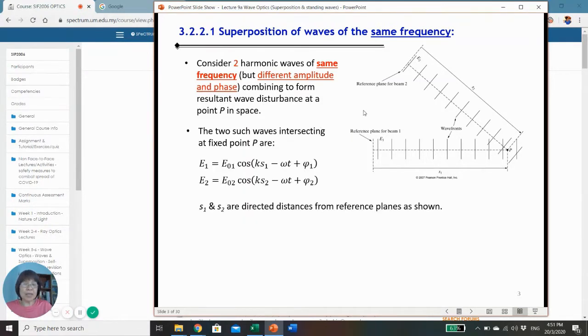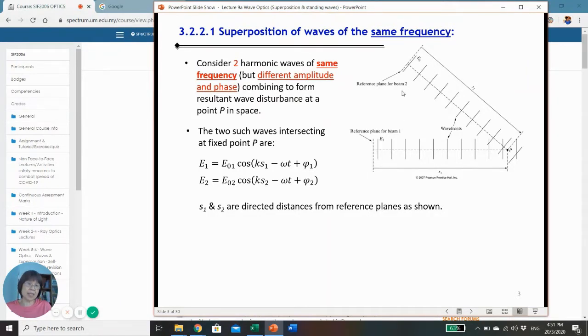We then represent these two waves by the cosine function, where E01 is the amplitude for wave 1, and cos(ks1 minus omega t plus the initial phase), which is over here.